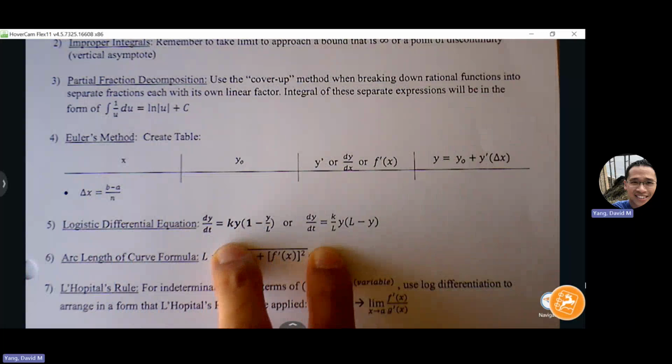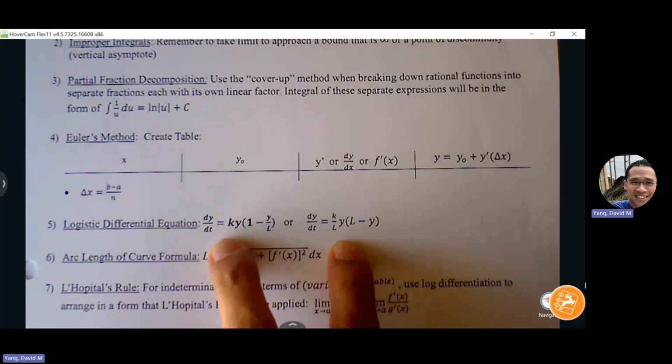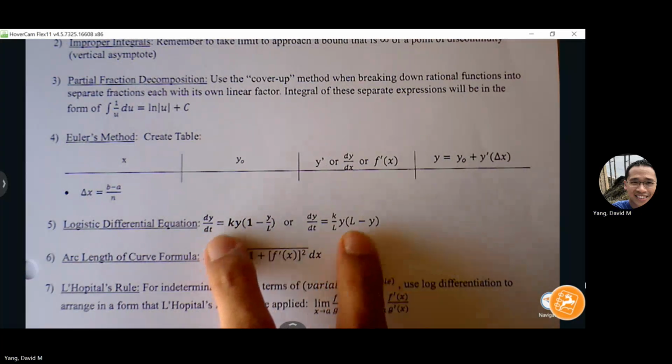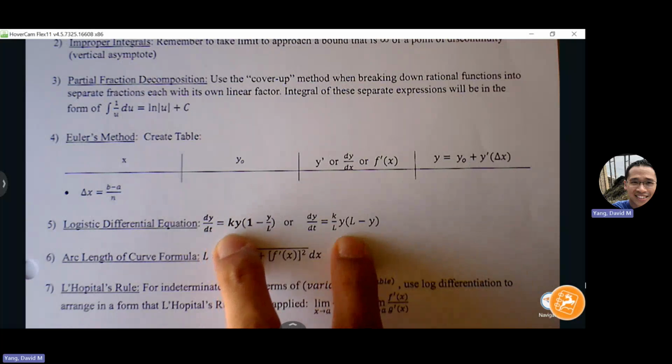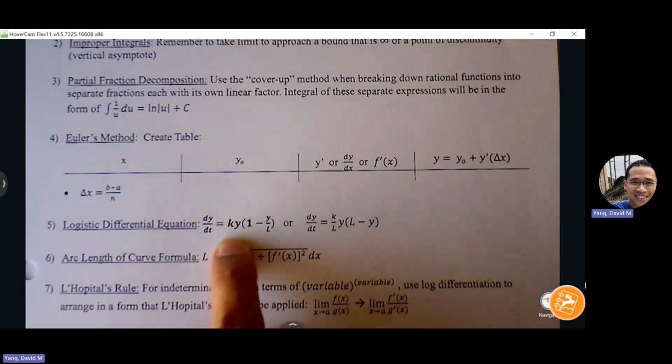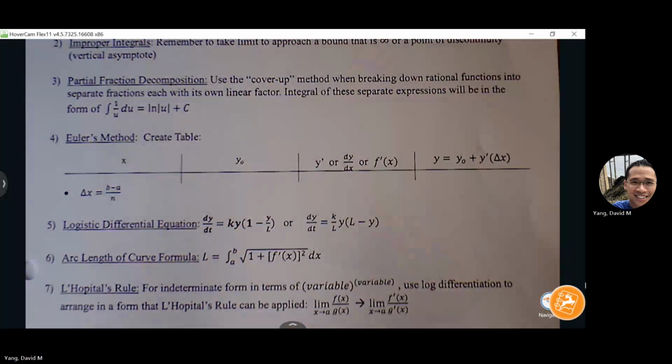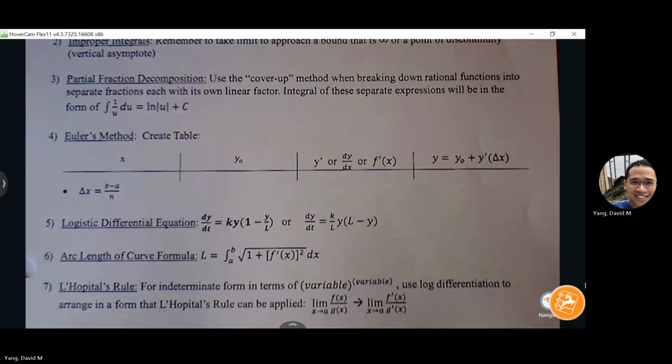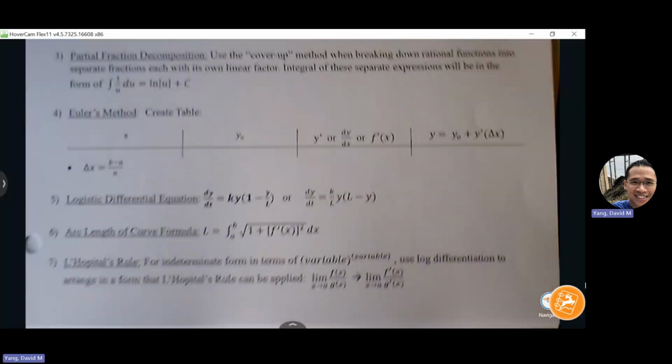Logistic differential equation is going to come in two forms here, either with the L inside the expression or parts of L being pulled out. Okay. Arc length formula. We did that yesterday.